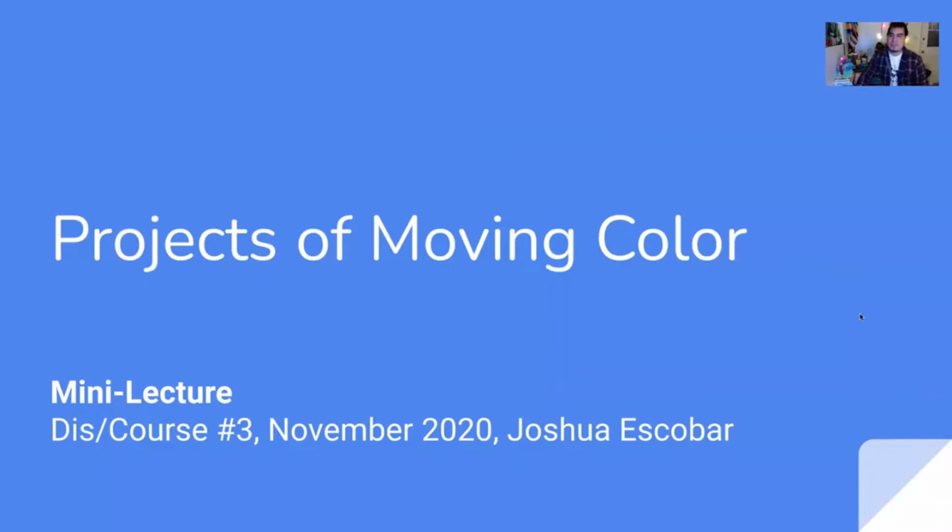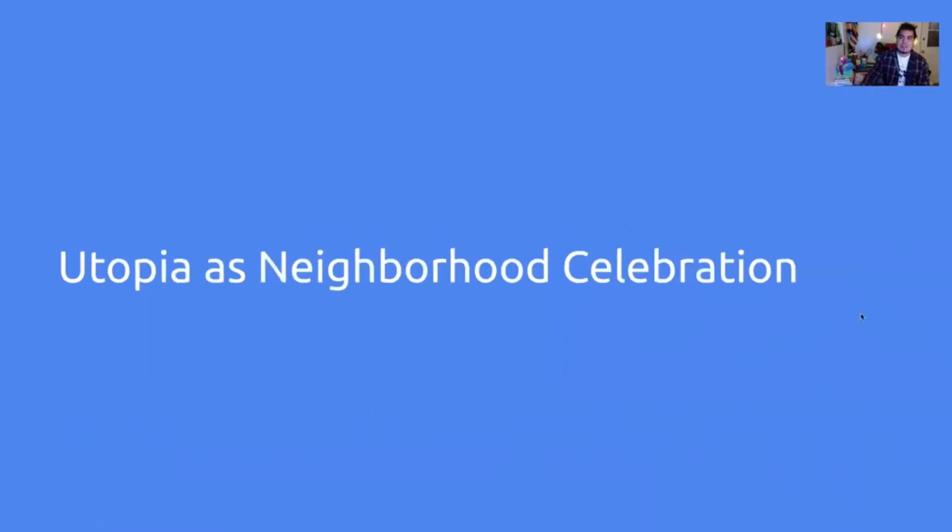All right, and this is a shortened talk from the one I gave at the Poetry Project a few weeks back. And it imagines utopia as a neighborhood celebration, this first part. Just to give you a quick definition, utopia is an idealized way of living, or the project of imagining that way of living.